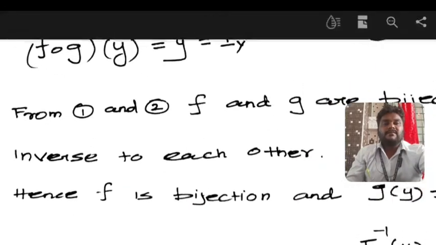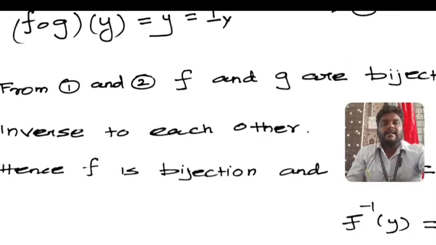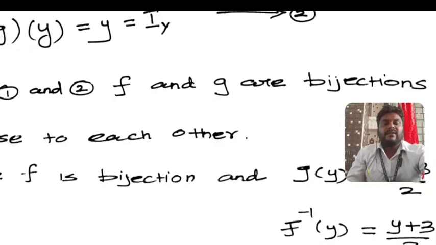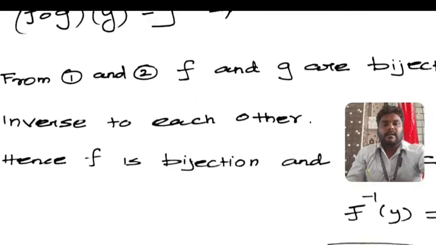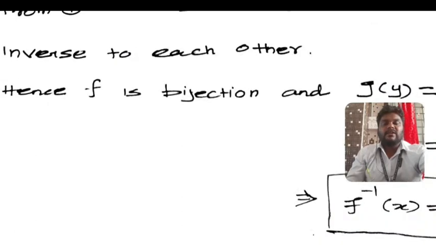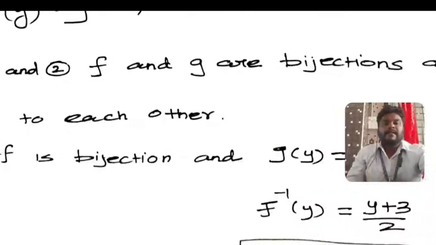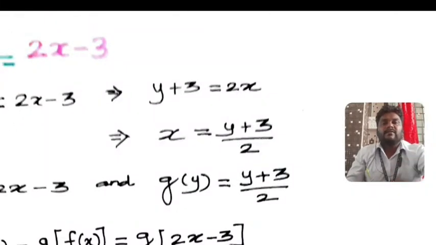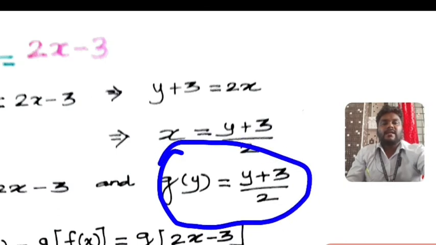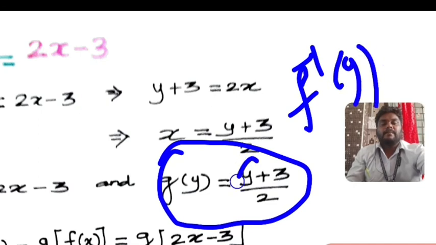So it satisfies the condition, therefore they are bijection functions, inverse to each other. So if the inverse exists, we know that f is a bijection, then g of y, which we already found, is (y plus 3) by 2. So this is the f inverse of y function. So f inverse of y equal to (y plus 3) by 2.